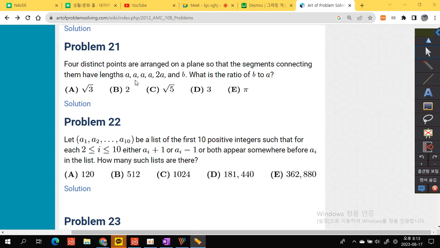In number 21, because these first three sides have equal side length, if we connect these points, they make an equilateral triangle.